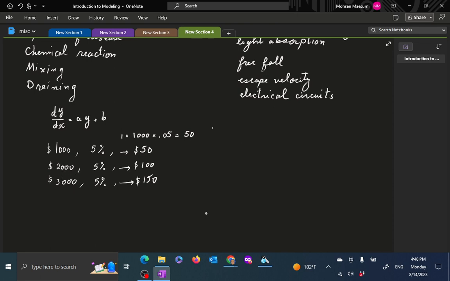So let's suppose S is a function of t, and this is your savings account total. Well, you expect your account to accrue interest.